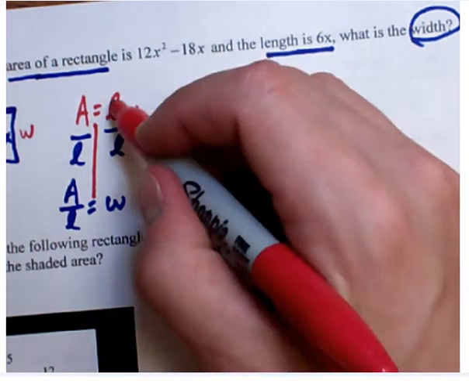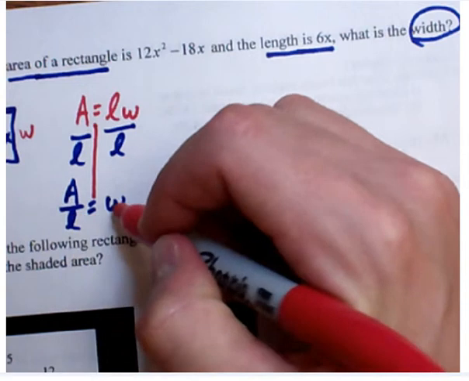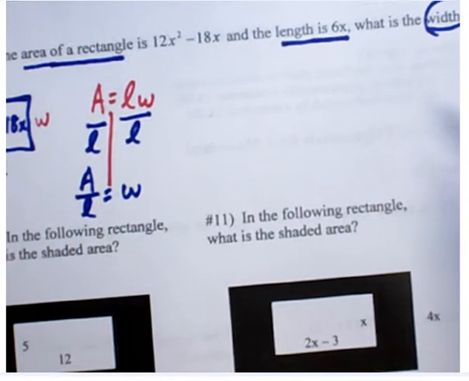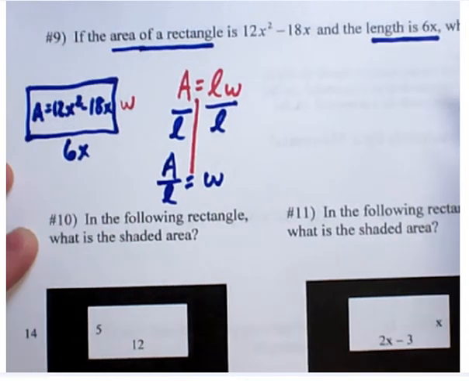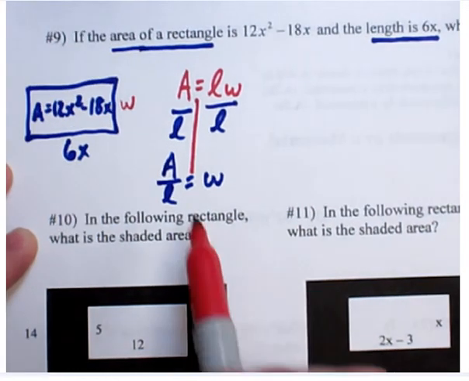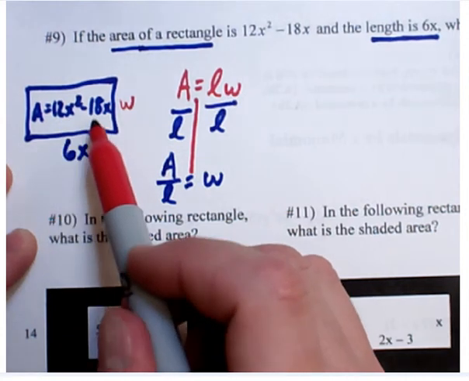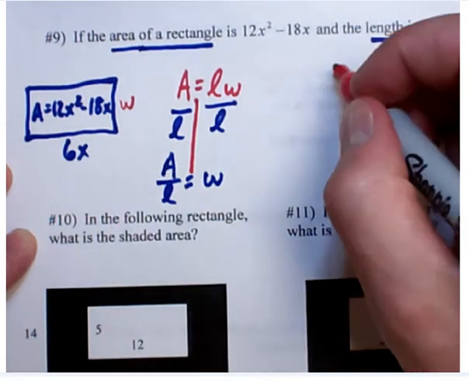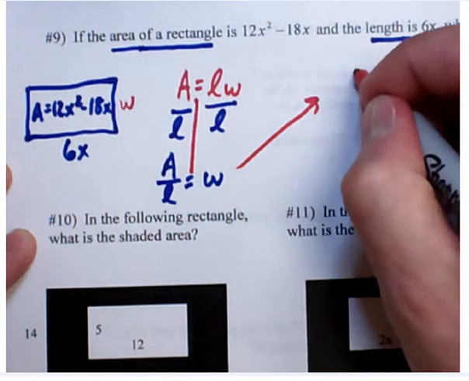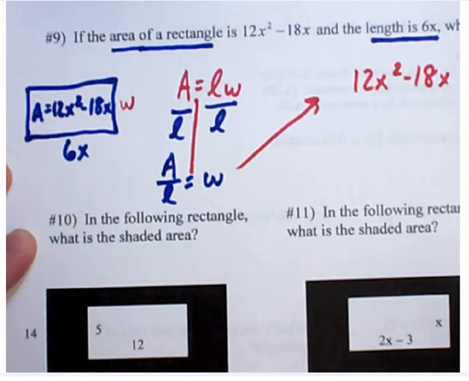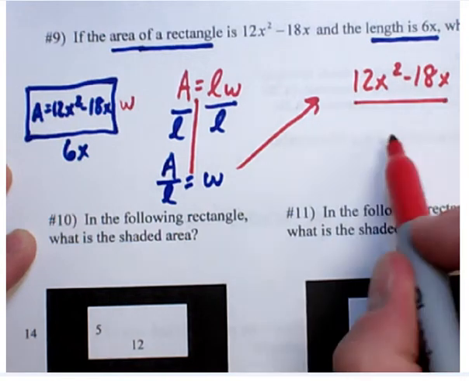So we get the area divided by the length equals the width. Because now all we have to do to get the width, they say what is the width? Let's take the area, 12x squared minus 18x, and substitute that for A. So we're going to come up here, 12x squared minus 18x, that's your A, divided by length.